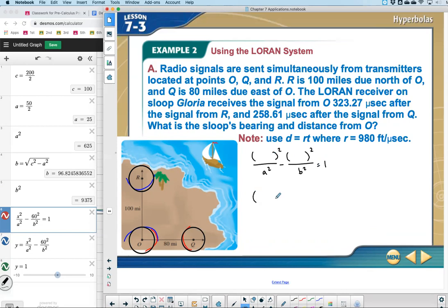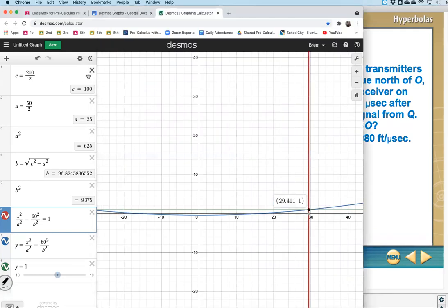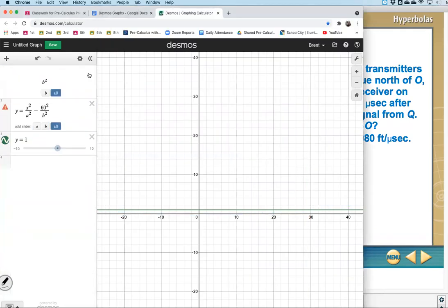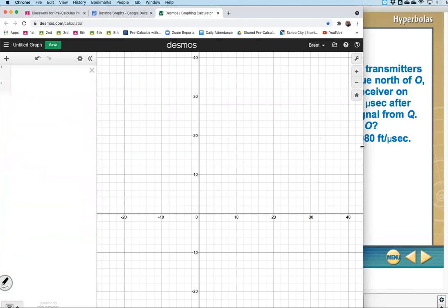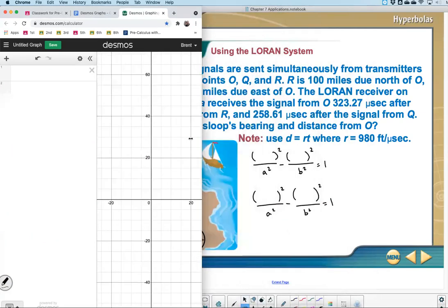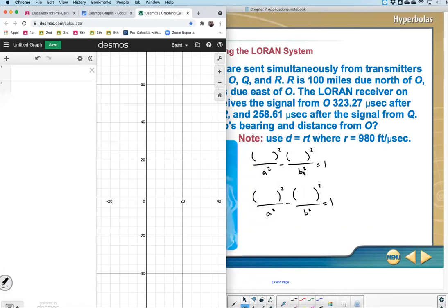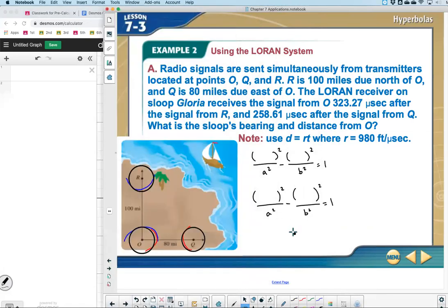So we're going to do this twice. To keep track of things, I'm going to clear this Desmos calculator here. We're going to use Desmos for a lot of our calculations here. I'm going to call the A and B, since I'm going to have 2 of them, A1 and B1, A2, B2 for my equations.